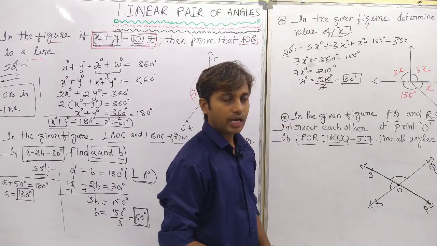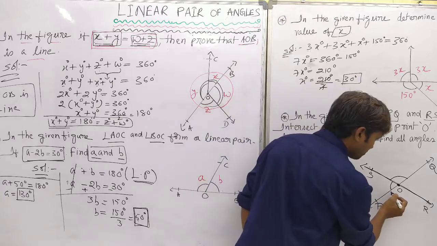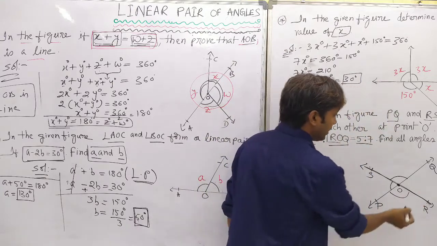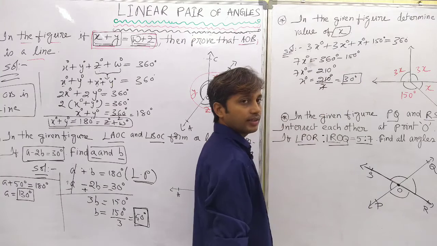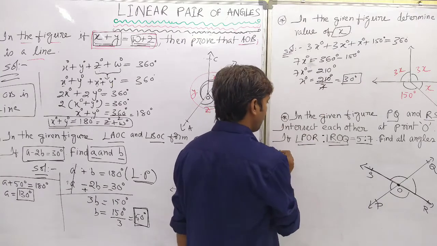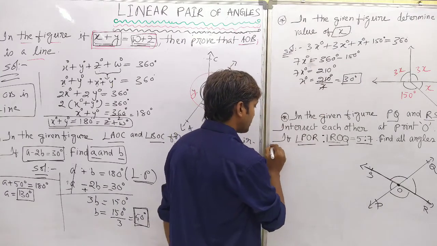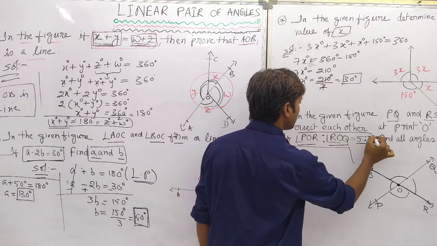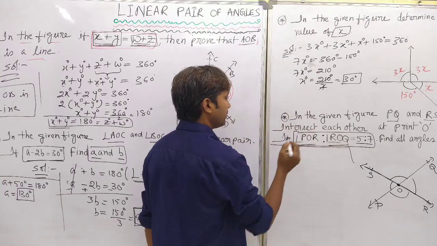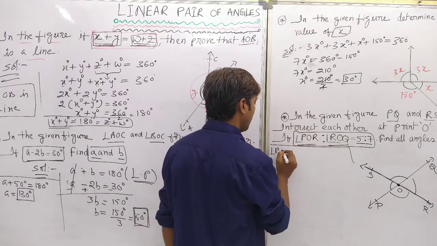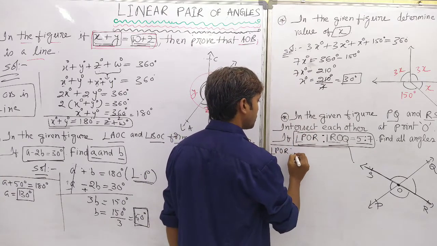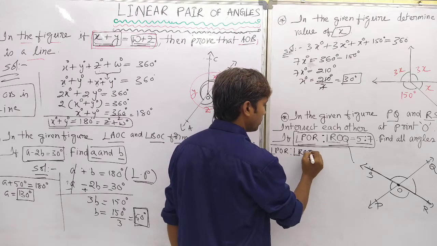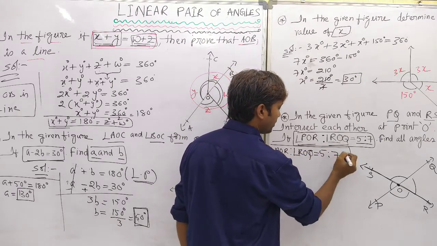Which is POR and ROQ? Just see, is this POR or not? Is this ROQ or not? That means the ratio is given as 5 is to 7. So angle POR is to angle ROQ equal to 5 is to 7.